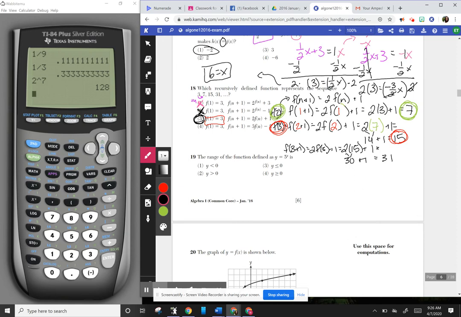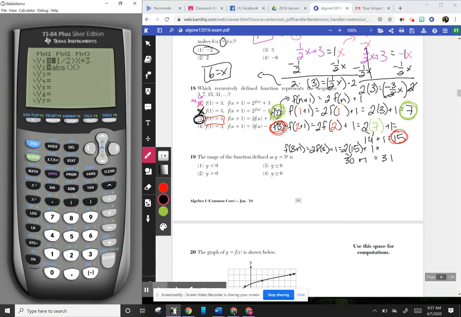Okay, question 19. The range of the function defined as y equals f to the x power is, well, let's look at this graph. 5 to the x. So looking at the graph here, we can see that this graph never goes below the x-axis.